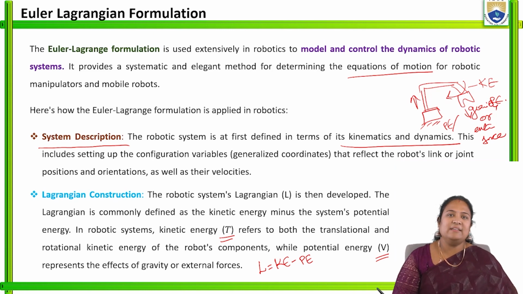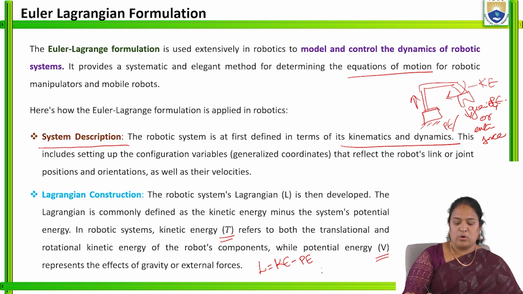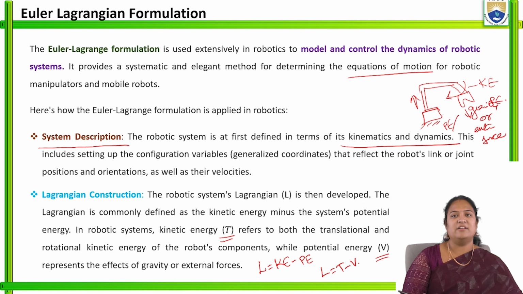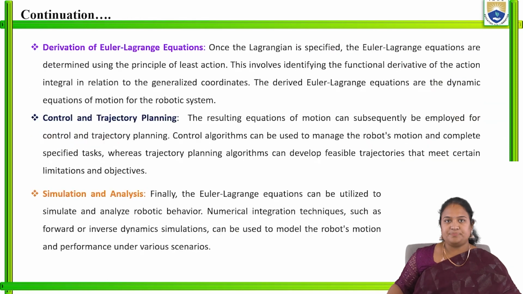So the Lagrangian construction is the difference between the kinetic energy and the potential energy, and we can write it as L equals T minus V, where kinetic energy involves the translation or rotation of the robot's components, whereas the potential energy represents the effect of gravity or any other external sources.